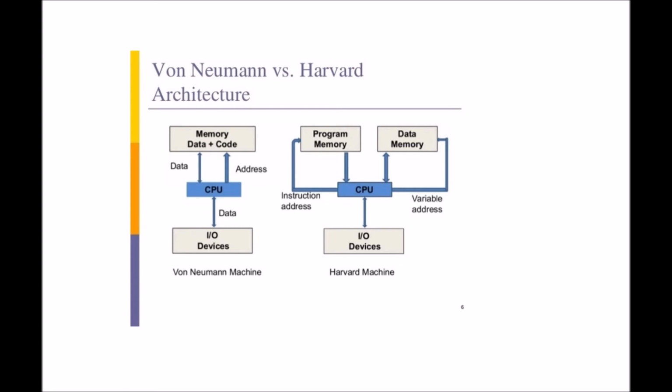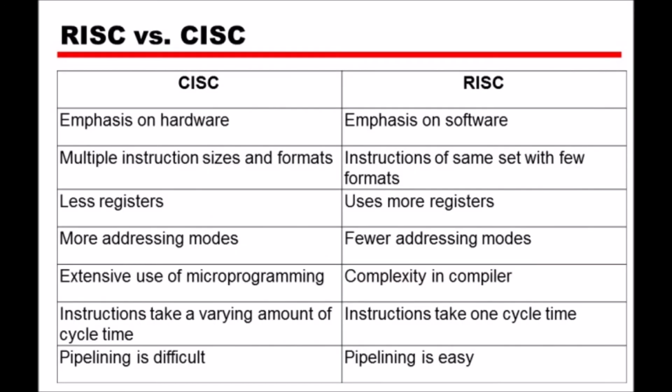This means each offers different methods of data exchange between the processor and memory. With Harvard architecture, the data bus and instructions are separate, permitting simultaneous data transfer. With von Neumann, both data and instructions use one bus.